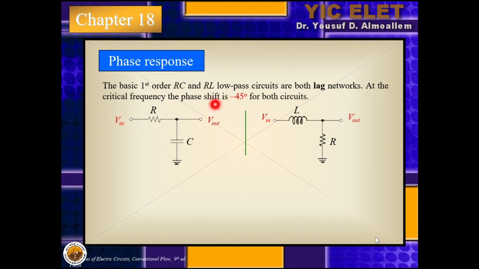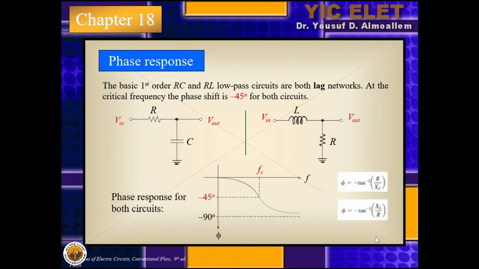The phase shift at the critical frequency will be equal to minus 45 degrees for both circuits. If we want to plot the phase response, this is the shape of how it looks. It starts from 0 and slowly goes down until it reaches minus 90. And here are the two formulas, one for RC and the other for RL. That's it.